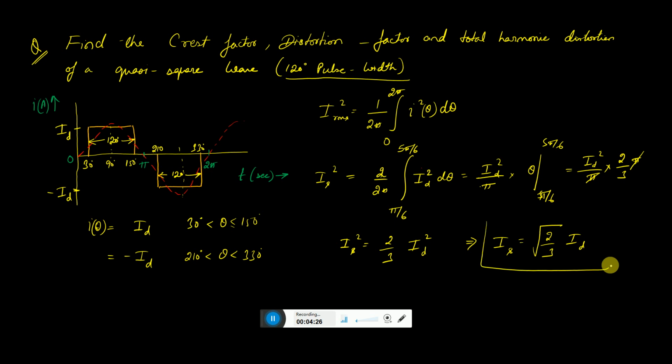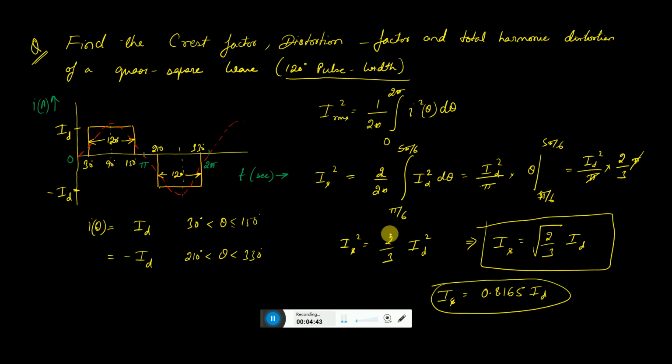So we get the RMS value like this. And that comes out to be IS equal to 0.8165 ID. So that's the value of IS. We get it, right? Next, we need to find out what is the value of IS1.